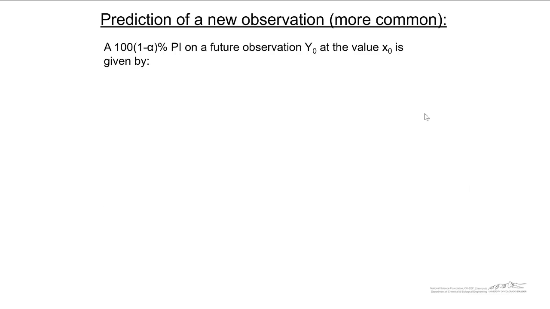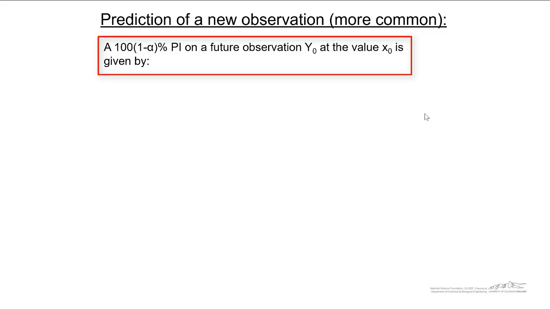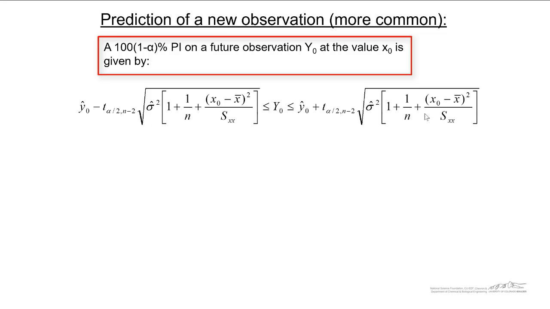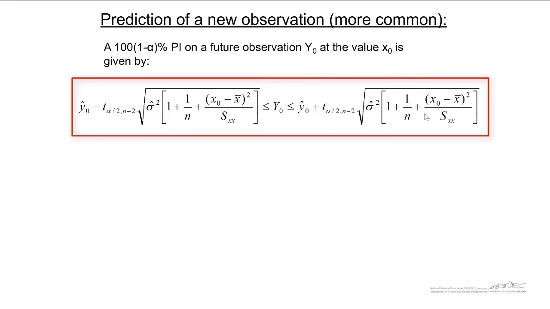So a prediction of a new observation is more common, even though it's not output by the regression tool in Excel. A 100 times 1 minus alpha percent prediction interval on a future observation y naught at the value x naught is given by this equation. So it's quite messy, but it's very similar to the confidence interval on the mean response.